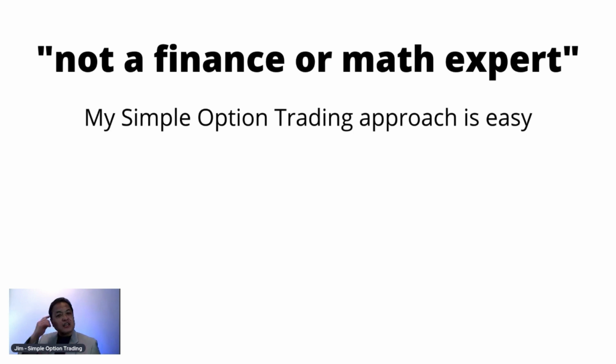Now, granted, because of that, I don't take advantage of a lot of the nuances or the fine tuning, right? So you put me up against a professional options trader, and we may execute the same trade, but that professional options trader has an advantage because they're looking at some of that background information, like something called the Greeks, or maybe they've got some special formulas that they're using to evaluate a trade, and so they know more precisely when to get in or when to get out of a trade.